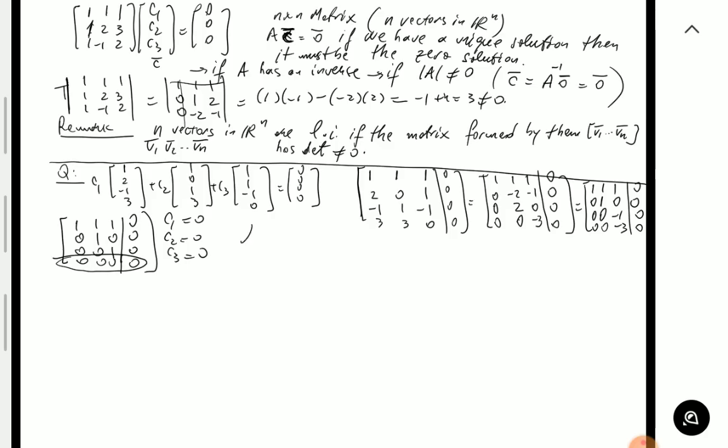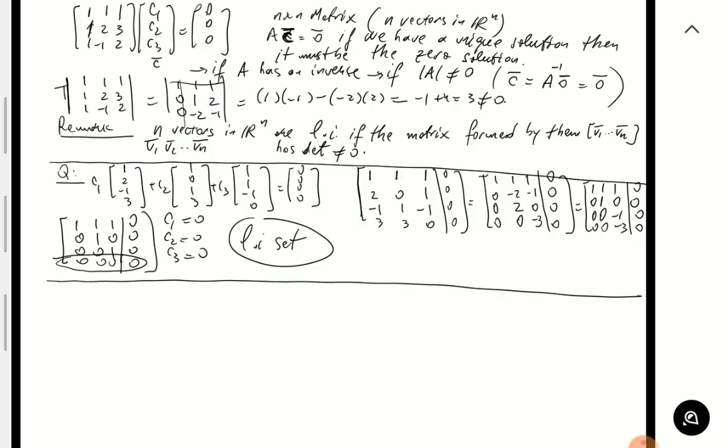So therefore, this is a linearly independent set. All right, so one key insight here, which you can write as a remark: fewer than n vectors in Rn may or may not be independent.